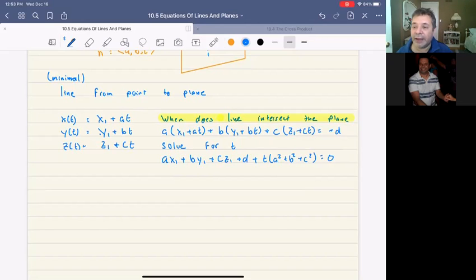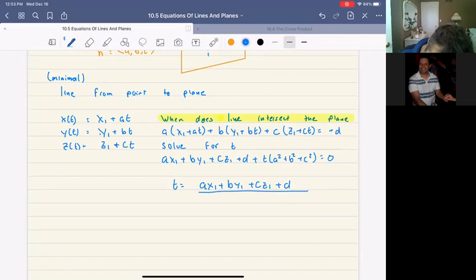Okay, so we're going to have to find that t. So t is negative ax1 plus by1 plus cz1 plus d divided by a squared plus b squared plus c squared.